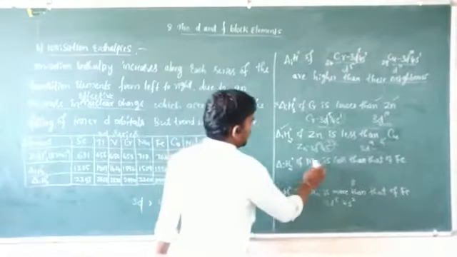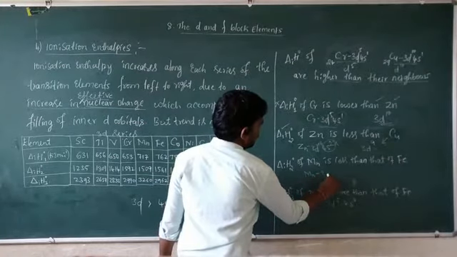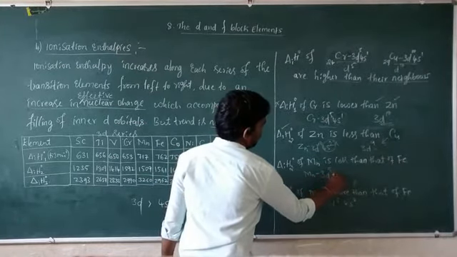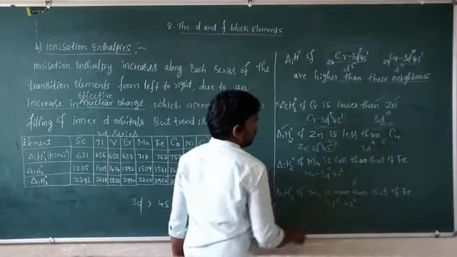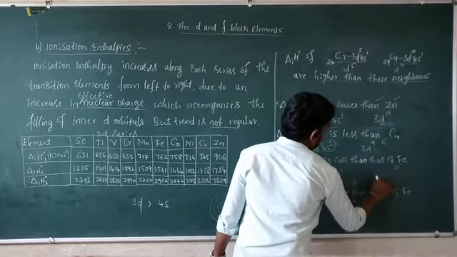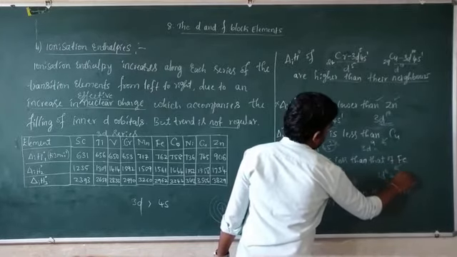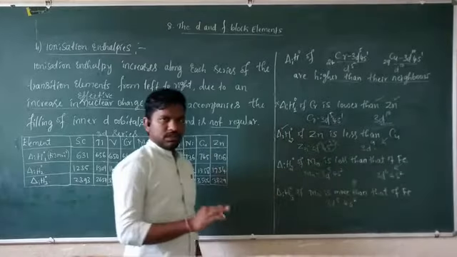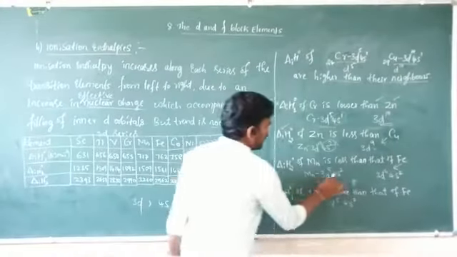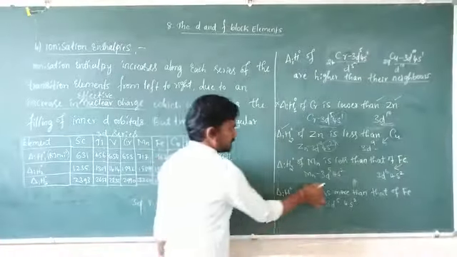See, for manganese, 3d5 4s2. For iron, 3d6 4s2. Now second ionization enthalpy means we remove the outermost 2 electrons, 4s2.